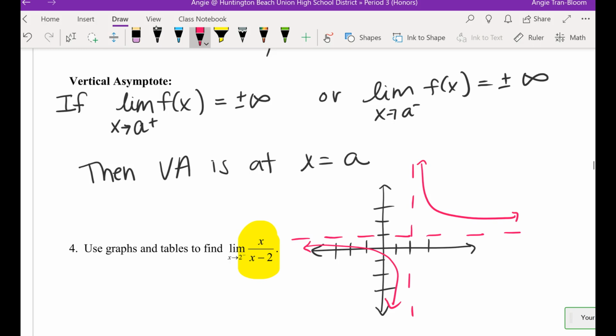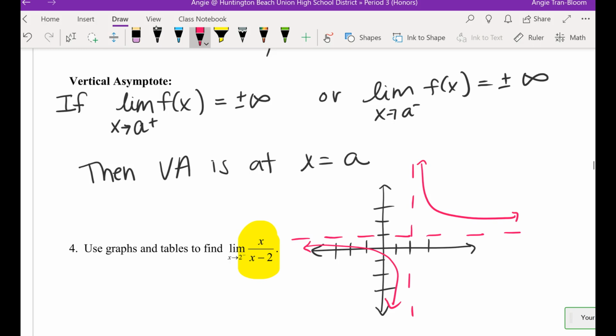I don't have a particular height, right? It goes down forever. So the closer you are to 2 from the left is negative infinity. Would that qualify as a VA? Yeah. As x approaches 2 from the left, it equals negative infinity.